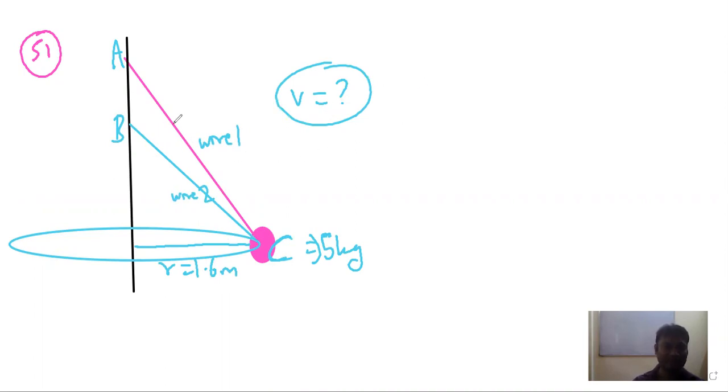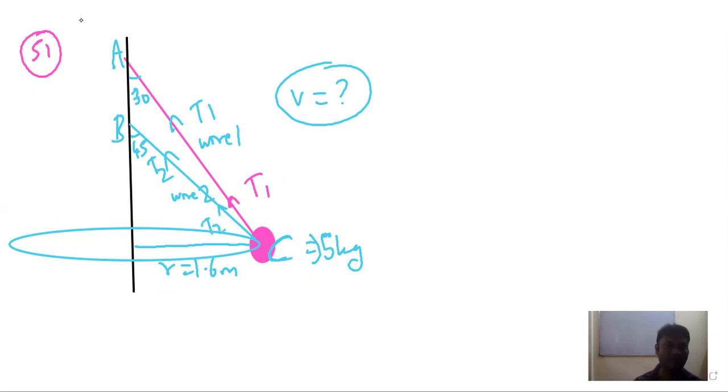So let us do force balance. Let us take tension T1 here, tension T2 here. And these angles are given to us as 30 and 45 respectively. So along this pink one, we will have component T1, and in blue one, we have tension T2.